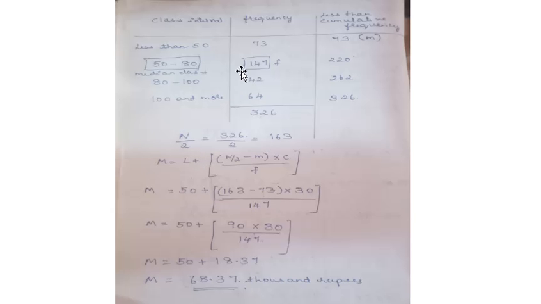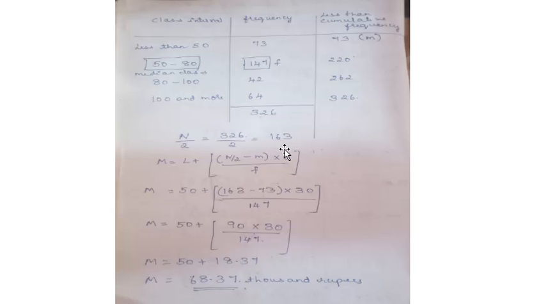N by 2 is the total of frequency divided by 2. Total of frequency is 73 plus 147 plus 42 plus 64, which gives 326. So 326 divided by 2, you get 163.